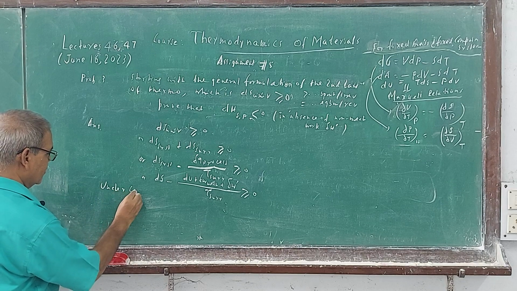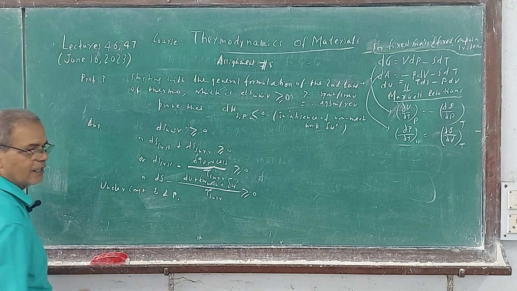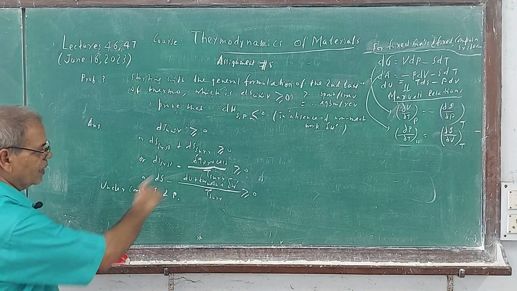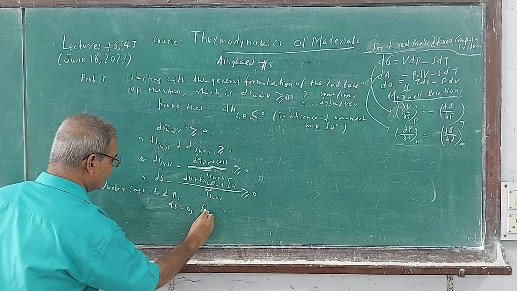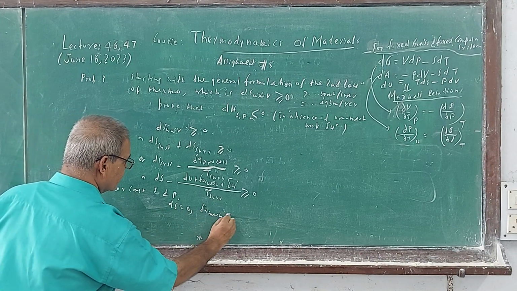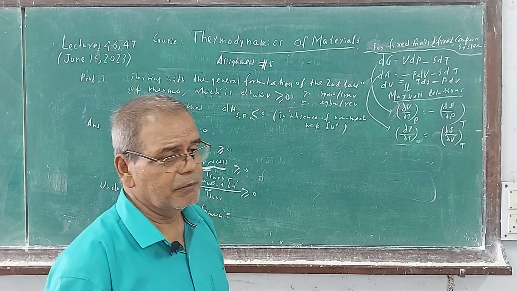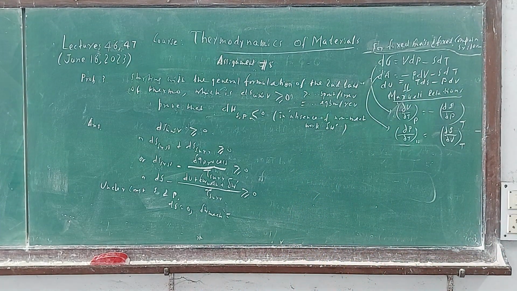Under constant entropy and pressure, what will happen? Tell me. See here, dS is 0, and dW mechanical is what? For which process? Pressure. Reversible, but irreversible is also included here.